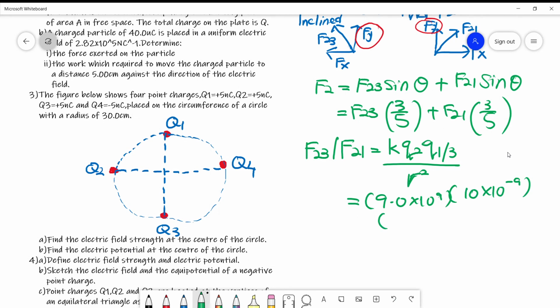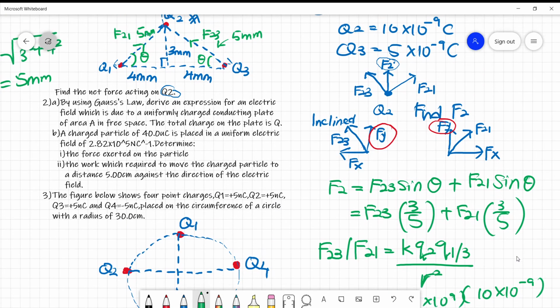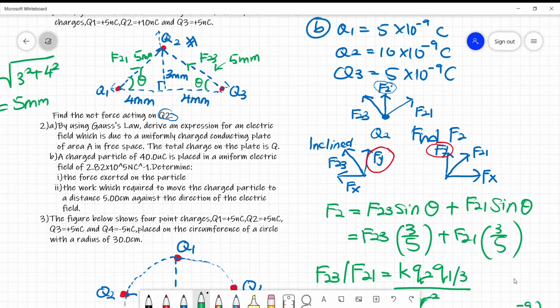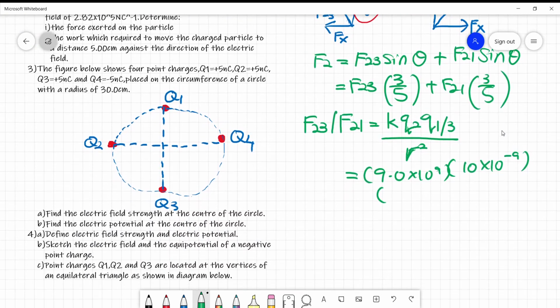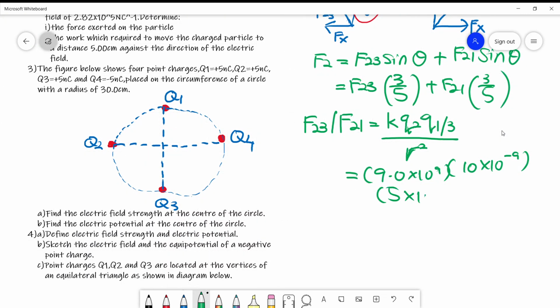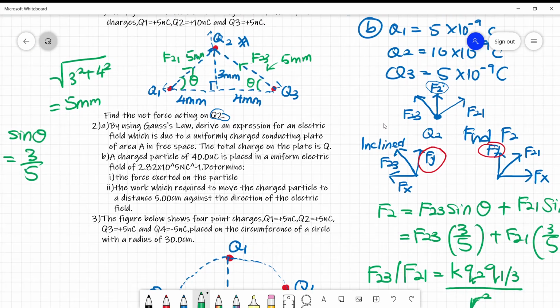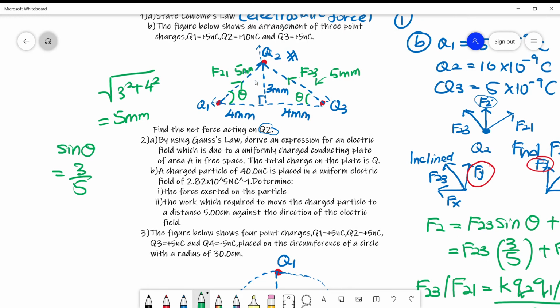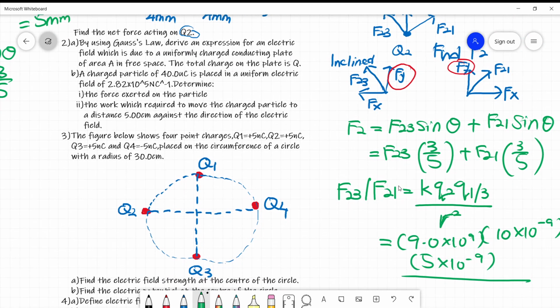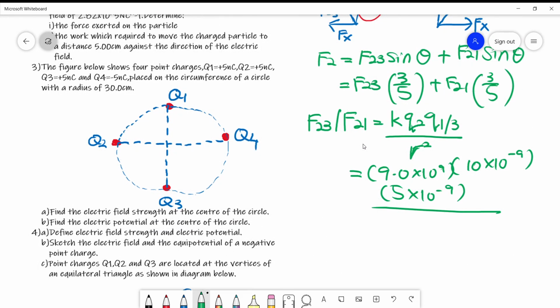Q1 or Q3 is basically positive 5, so 5 times 10 to the power negative 9, divided by, based on the Pythagoras theorem, what we get for this hypotenuse is 5 millimeters. So this is 5 times 10 to the power negative 3, squared.